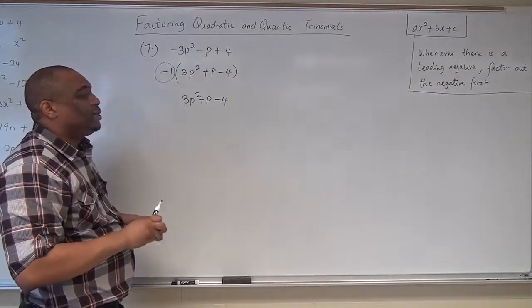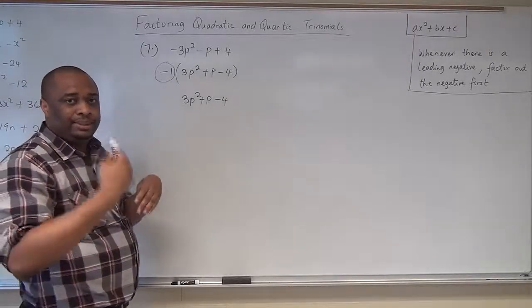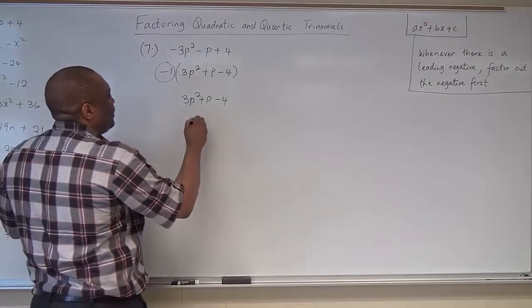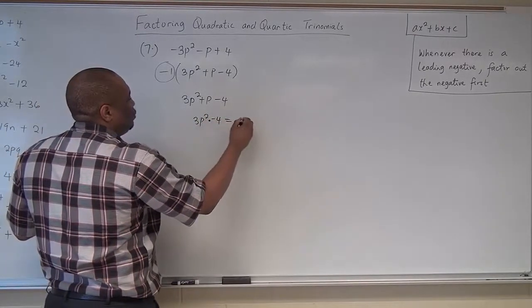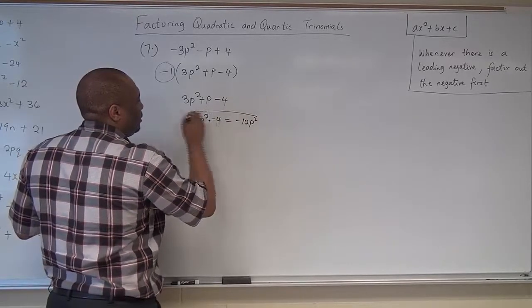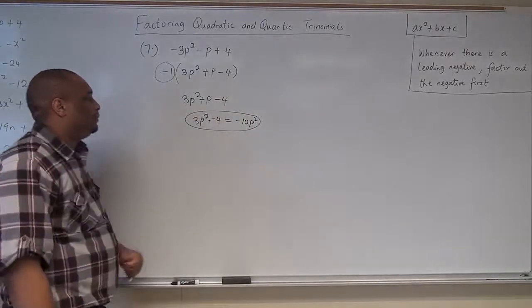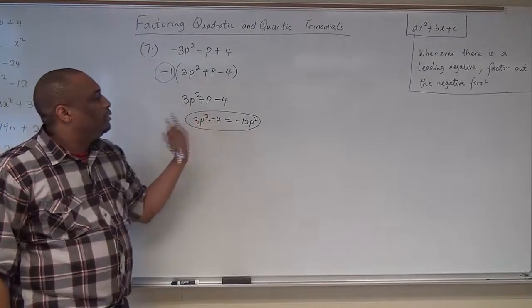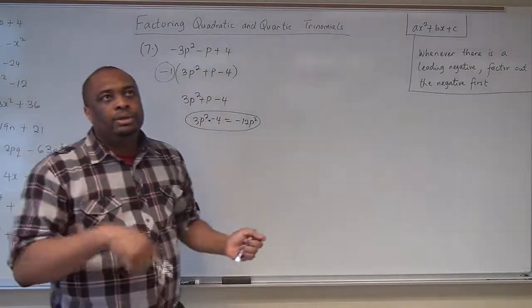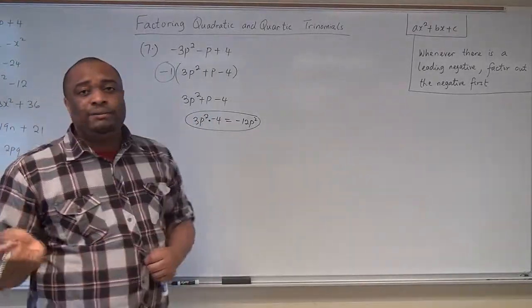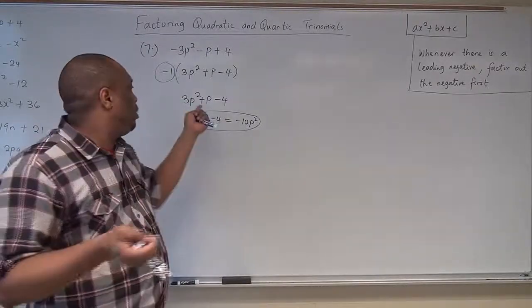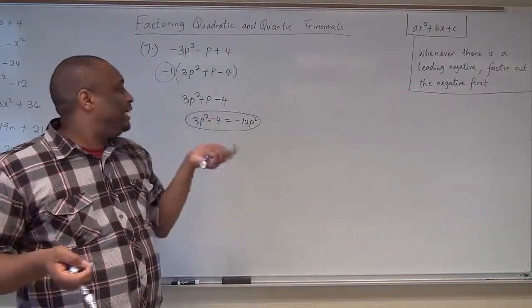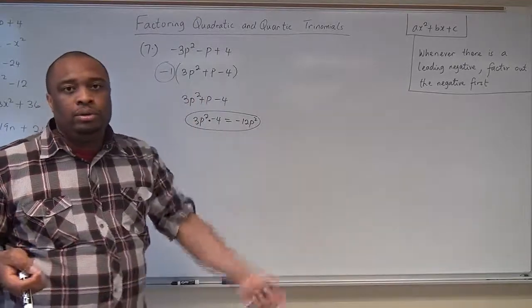Multiply the first and third terms. We now follow those steps. So this is 3p squared times negative 4, and that is negative 12p squared. Okay, let's check. 1 and negative 12 will not work. Negative 12 and 1 will not work. 2 and negative 6 will not work.